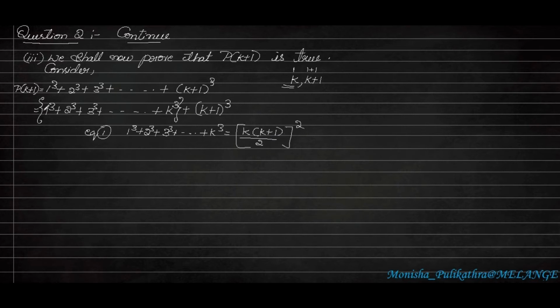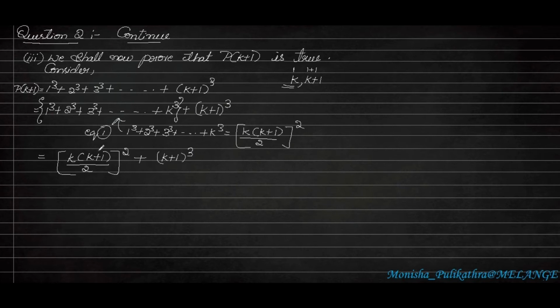So in the place of that first part, 1 cube up to k cube, we have to substitute k into k plus 1 by 2 whole square. So it will become k into k plus 1 divided by 2 whole square plus k plus 1 whole cube.